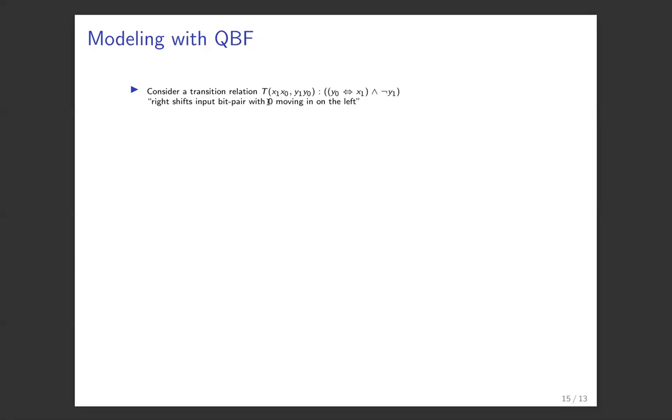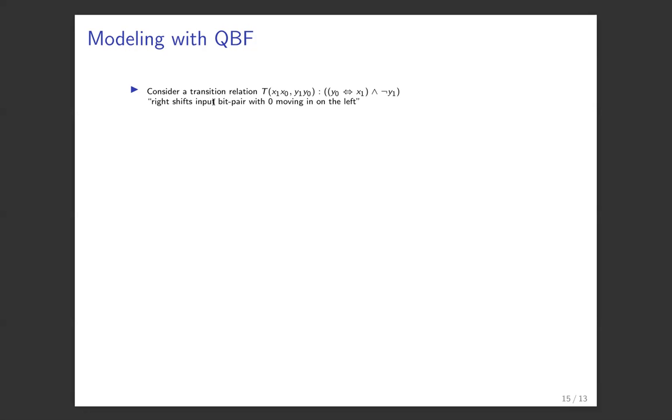So I'm considering the system in which the transition relation is defined. This one corresponds to a system which really shifts. It has 2 bits as its state component. When I say input, you really mean the state.